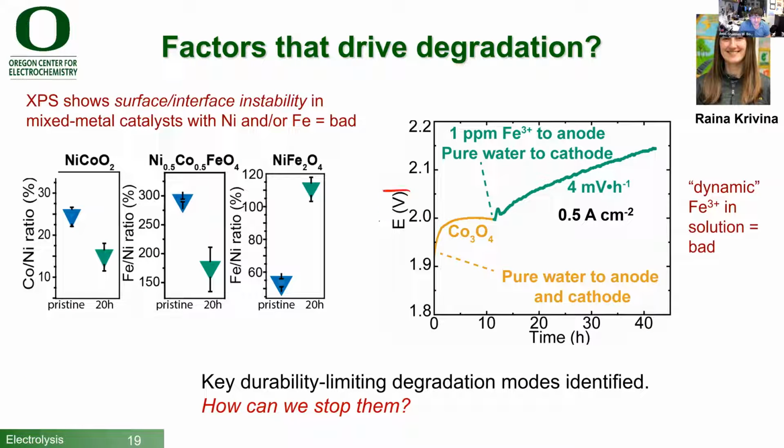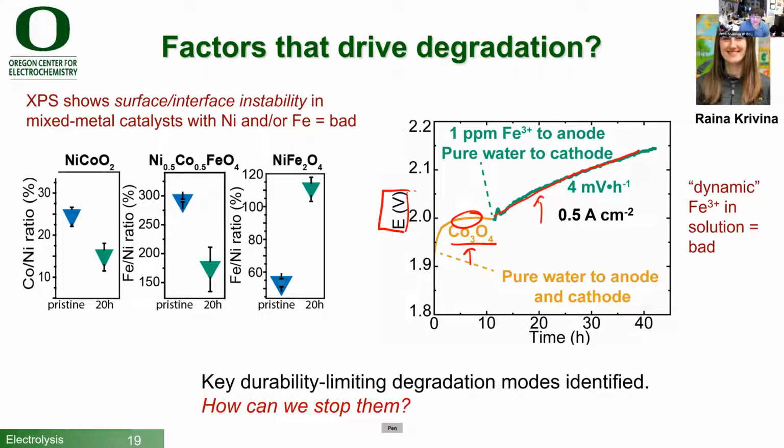Another thing we found, which was interesting, is that when we took these fairly stable, but again, we haven't solved the durability, they're still not nearly durable enough, cobalt oxide anodes, and we intentionally added a little bit of iron. If this had been a liquid alkaline electrolyzer, the voltage would have gone down, it would have activated it. But that's not what we saw.